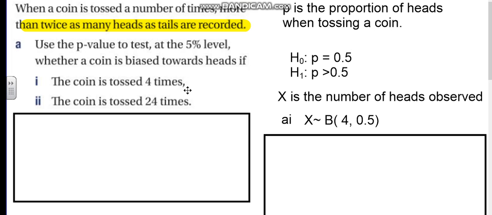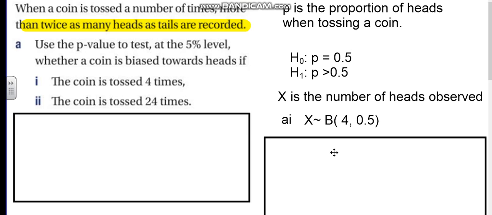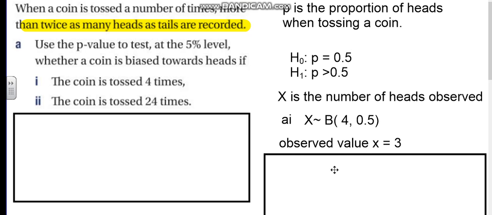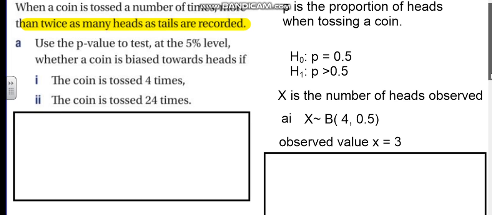So that's when heads and tails are equal. If it was 3 and 1, 3 heads to 1 tail, is 3 more than twice 1? Yes, it is. So our observed value is 3. Okay. We want the smallest possible value that will fit this, okay, and 3 is the smallest possible value. 4 would also be true, but we're looking for the smallest one. So the observed value in this case is 3.